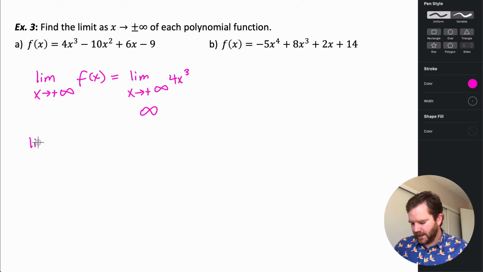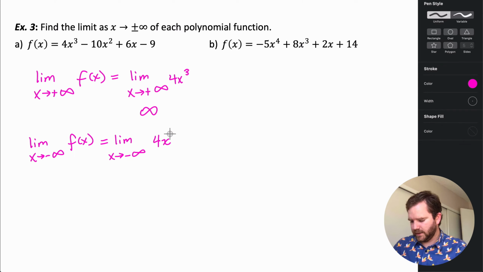But if I look at the limit as x approaches negative infinity of f of x, it's essentially the limit as x approaches negative infinity of 4x to the third. When I plug a negative number in and cube it, a negative number cubed is a really, really big negative number.